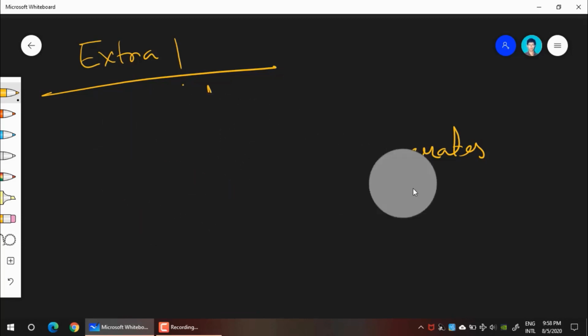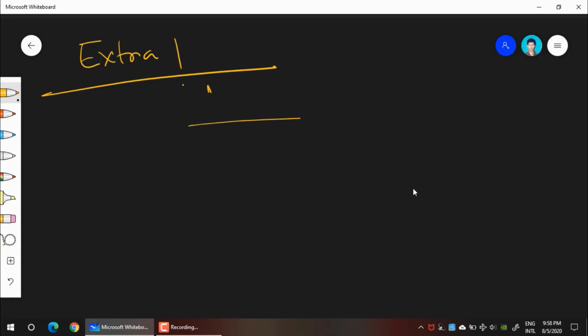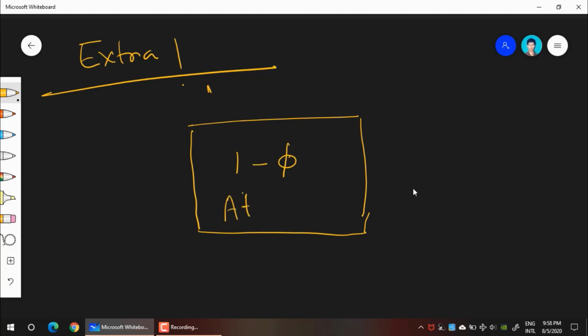See, here the obvious answer is, suppose you consider one simple alternator. Single phase alternator.